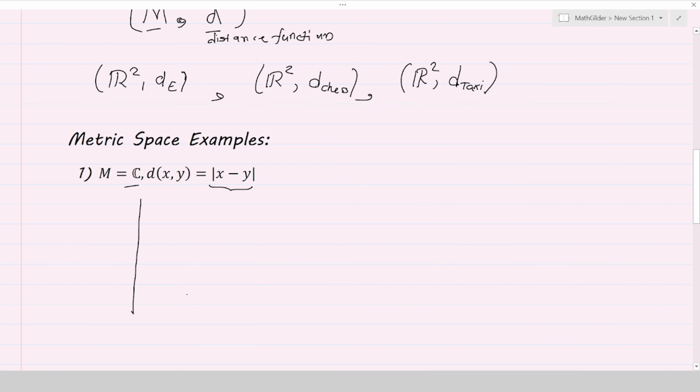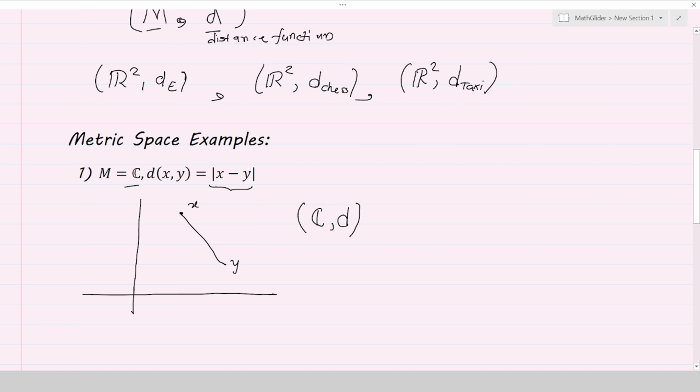If you have x and y, which are complex numbers here, the absolute value of x minus y is nothing but the length of this line, and it will become a metric space with this distance.